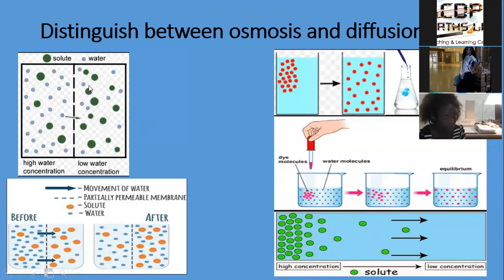Question though. Which of the sides would represent a person who is probably diabetic? The one with low water concentration. Very good, because there is a lot of sugar solute, glucose, in the person's blood.